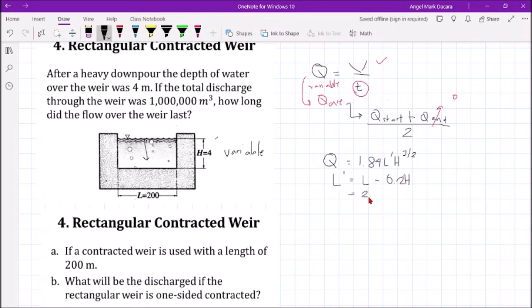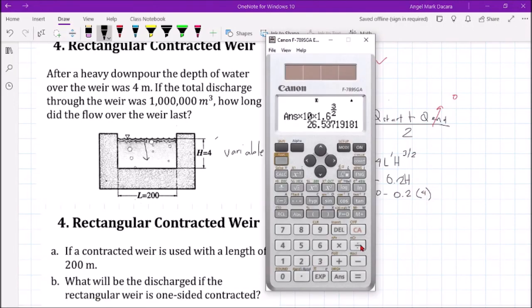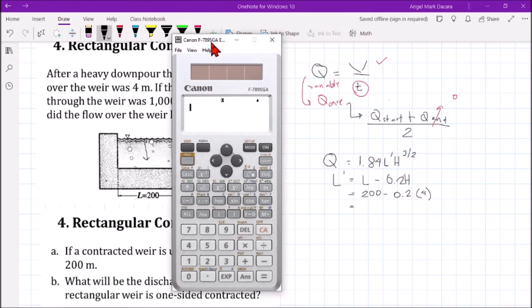So, L is 200. Then, head of water is 4 meters. So, ang L prime natin equals 200 minus 0.2 times 4. So, this is 199.2 meters.